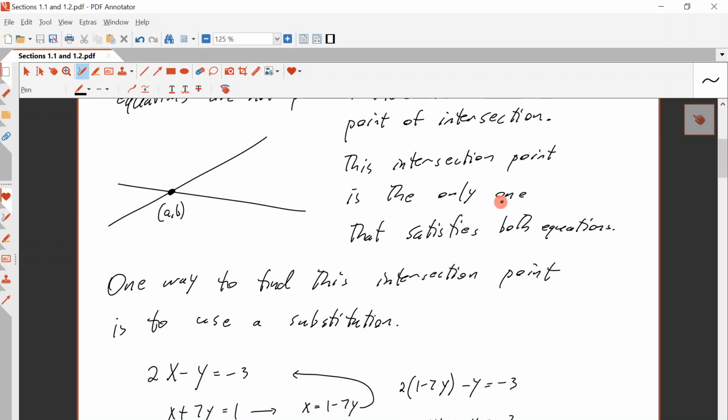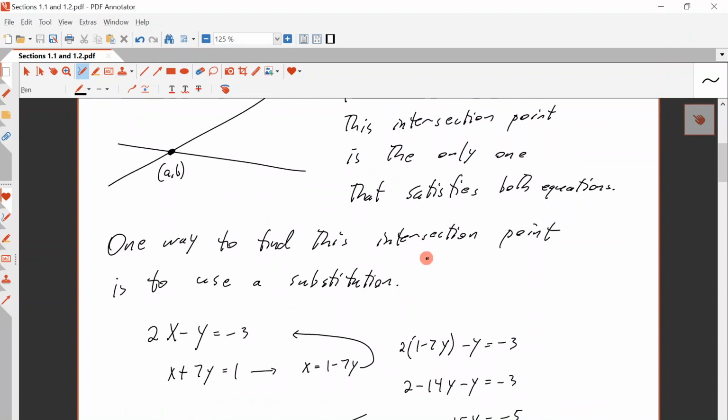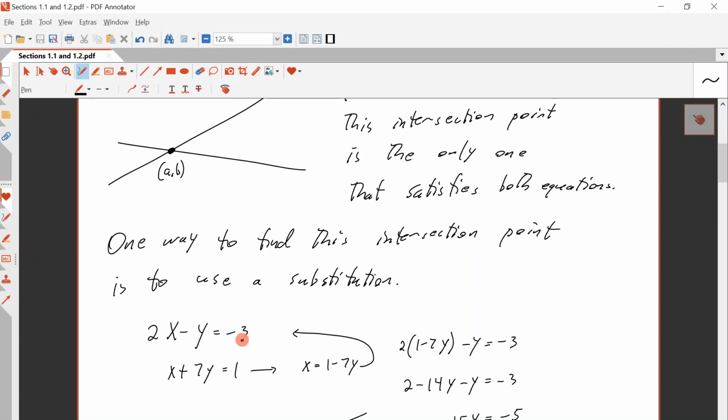Well, how do you find that intersection point? You should have talked about that in your algebra classes in high school or in 8th grade or something. At some point you would have covered that, maybe several times. One way to find that intersection point is using substitution.